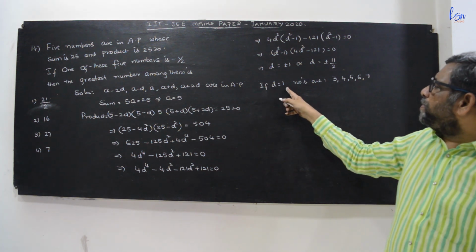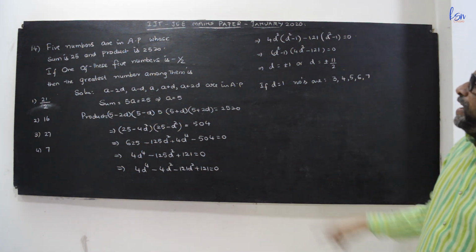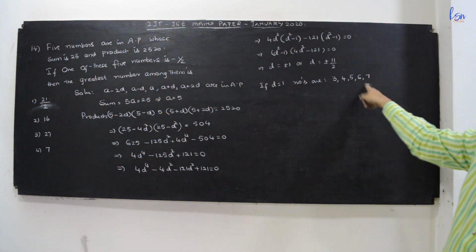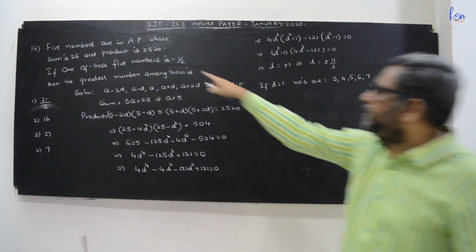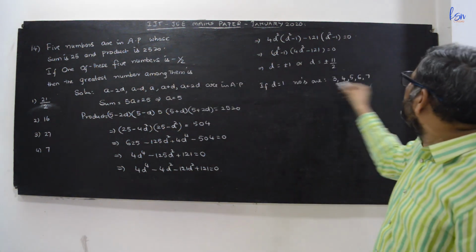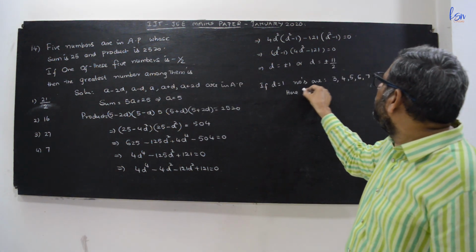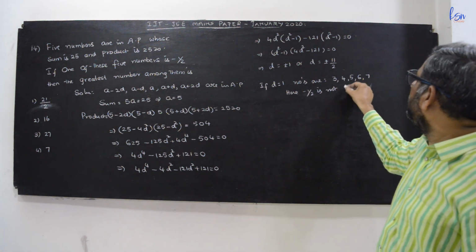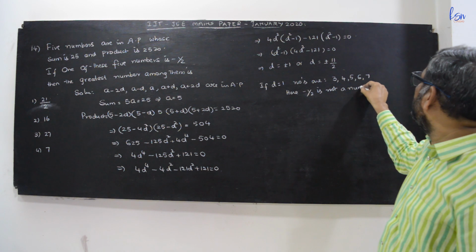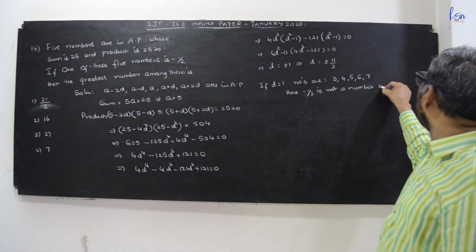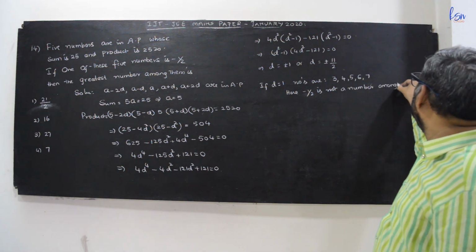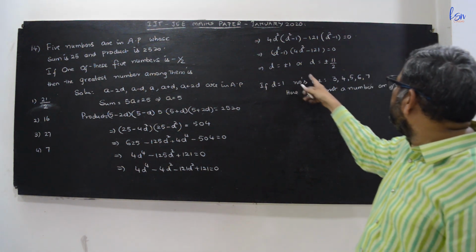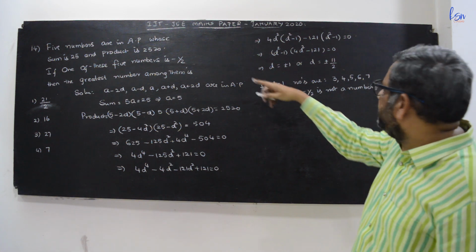If you take d equal to minus 1, it will be in the reverse order. So among these numbers, minus 1 by 2 is not there. It is given that one of the 5 numbers is minus 1 by 2. Here minus 1 by 2 is not a number among them. So d is equal to 1 does not satisfy the conditions.